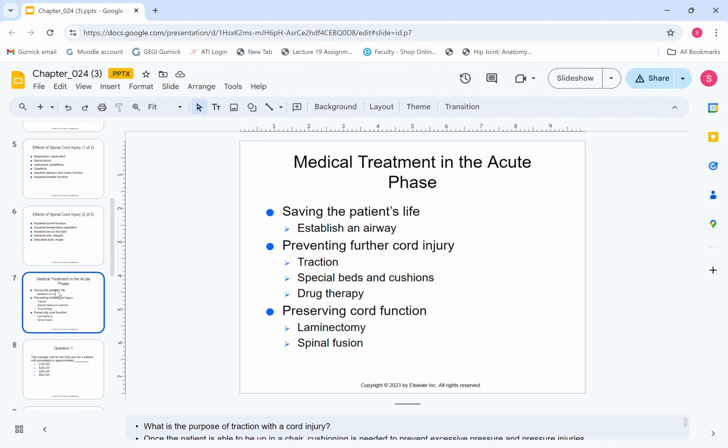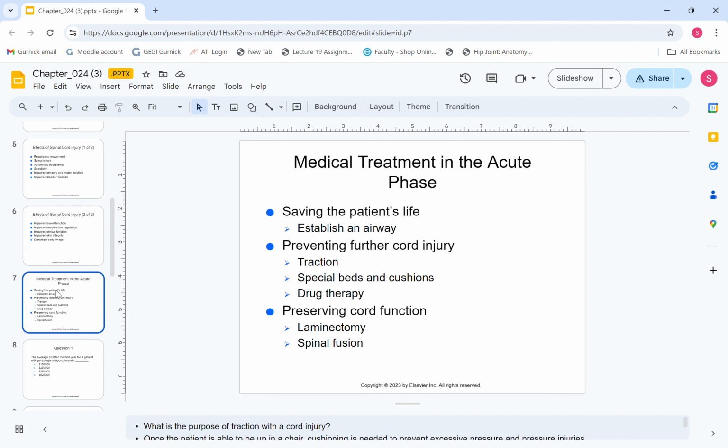All right, and they're going to attach these tongs to the head, and then they're also going to attach the tongs to a weight and a pulley, right? So there'll be a cord, maybe a chain, some sort of pulley system attached to a weight, and that weight is going to be pulling on the head and straightening out the vertebra and the spinal cord of that person's neck.